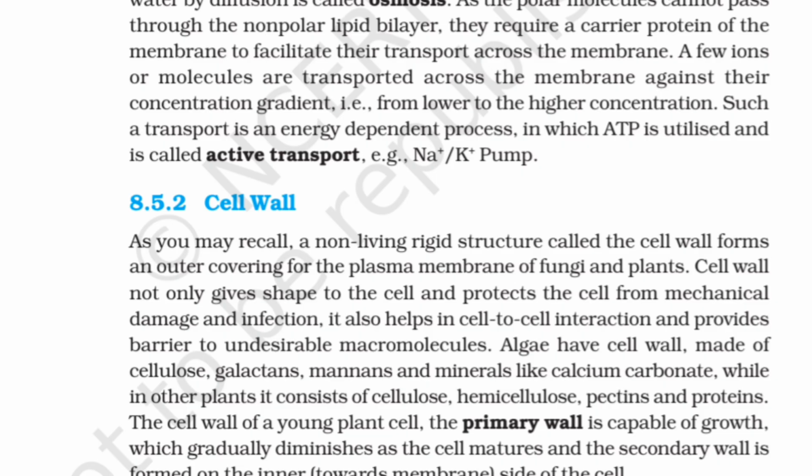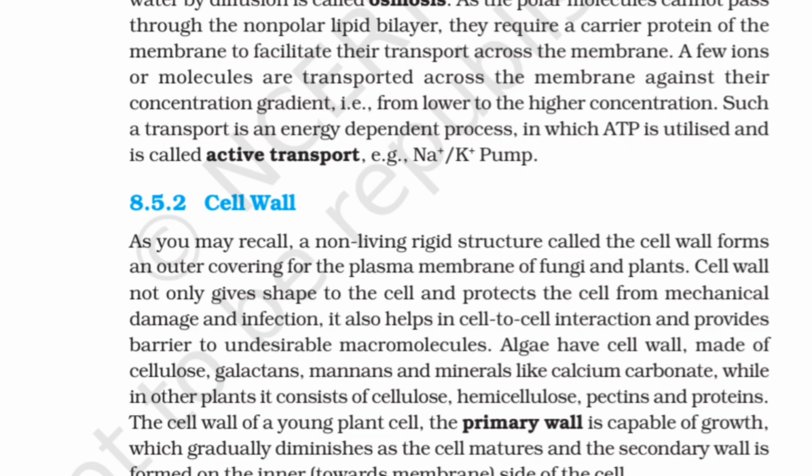Cell wall. As you may recall, a non-living rigid structure called the cell wall forms an outer covering for the plasma membrane of fungi and plants. The cell wall not only gives shape to the cell and protects the cell from mechanical damage and infection, it also helps in cell-to-cell interaction and provides a barrier to undesirable macromolecules.